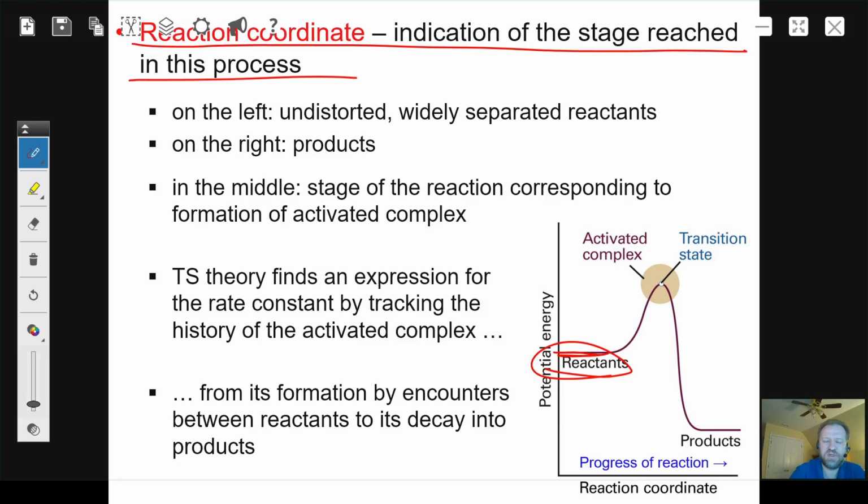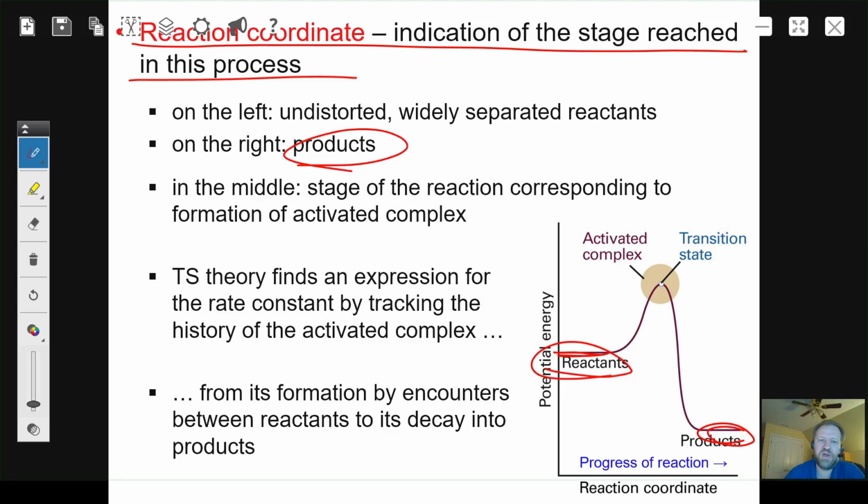So again, as long as they stay far apart from each other, the total potential energy does not change. On the right, we have the same situation, but for products. Again, as long as our product species are separated by significant distance, their potential energy is unchanged.